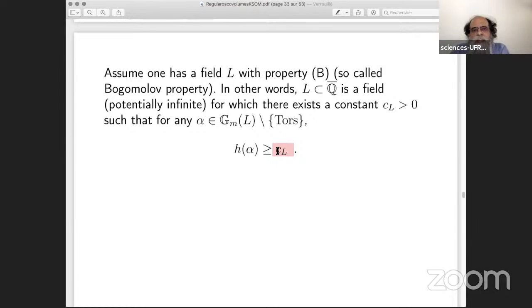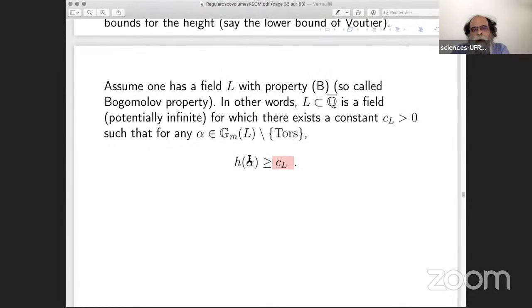Here you can restrict to units. Say that it has property B for units if the height for all units is bounded below by something that depends on the field. Of course, this notion is useful only if L is not a number field but an infinite degree extension. Because if it is a number field, it's always true. This comes from Northcott.